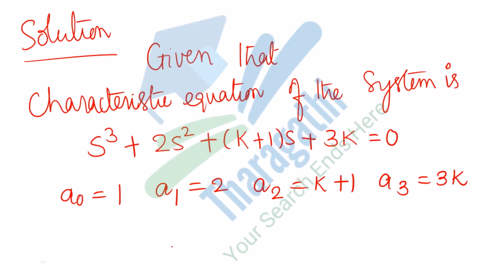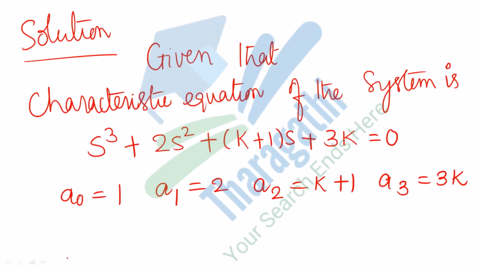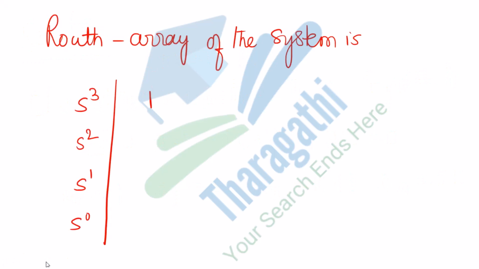Now you formulate the Routh array: s cube, s square, s power 1 and s power 0. First you write the A0 value, which is 1, then the A2 value, here it is k plus 1.